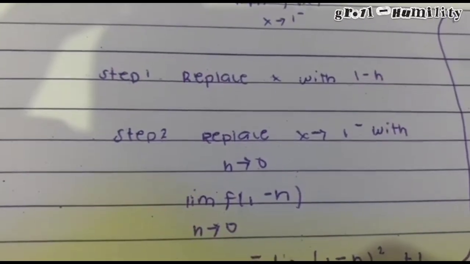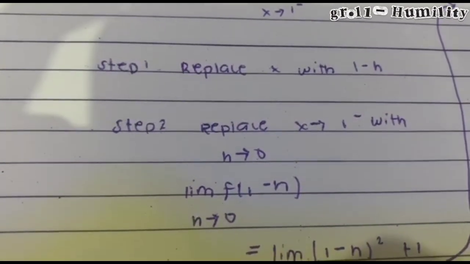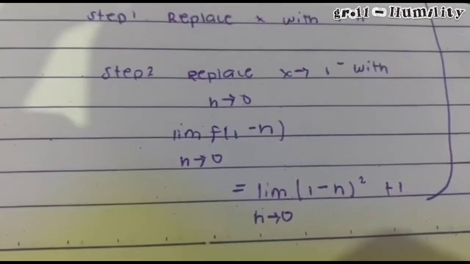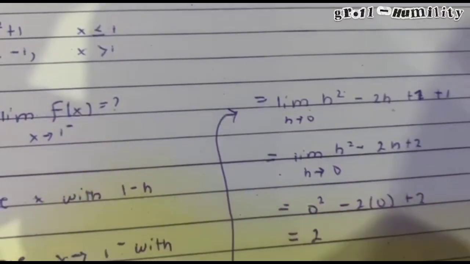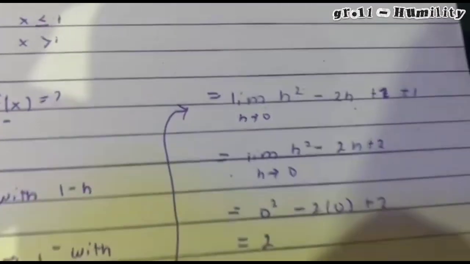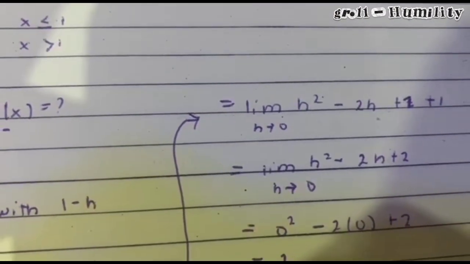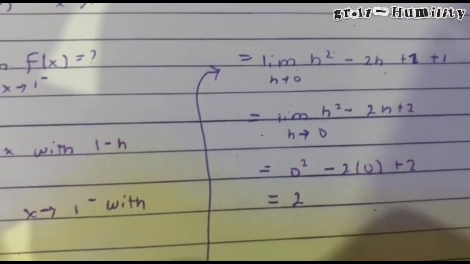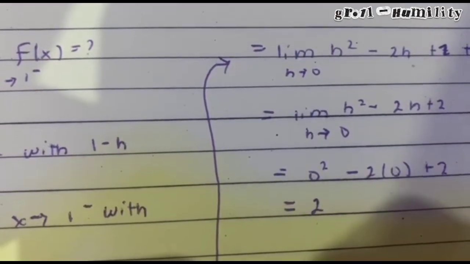This gives us the following limit, and here 1 minus h will be less than 1. So therefore, you have to use the first variant of the function, and finally, by simplifying this and replacing h with 0, you will get the left-hand limit.